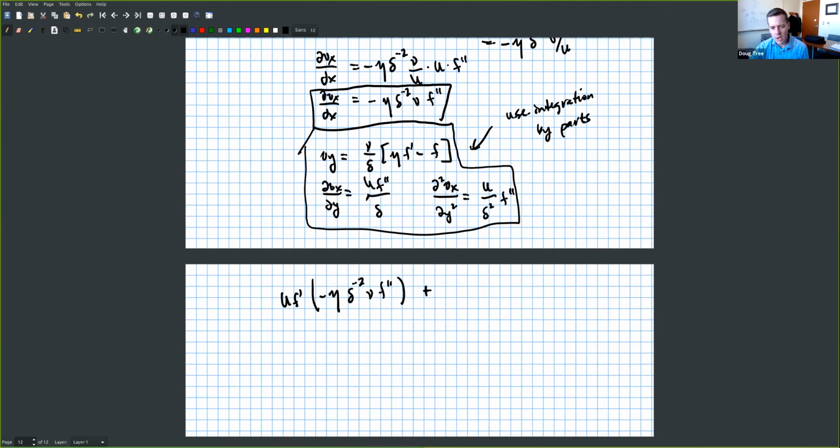Plus, then we had vy, so that would be nu over delta eta f prime minus f multiplied by dvx dy, which is that part, which is u f double prime divided by delta. And all of that was equal to nu times this, u divided by delta squared f double prime. Okay, so that's the boundary layer equation rescaled and written with a stream function, a dimensionless stream function for that.